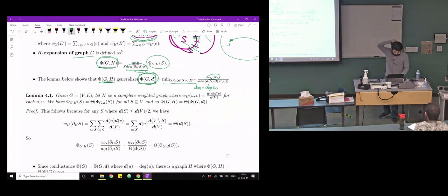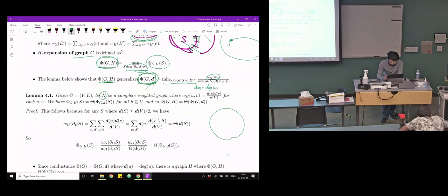And why is that the case? Let's define, suppose that you are given a demand D. I will define another graph, H, according to D in this way.